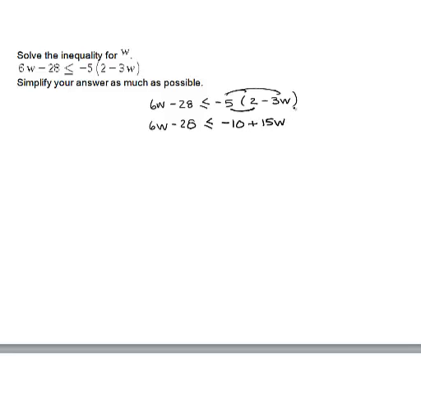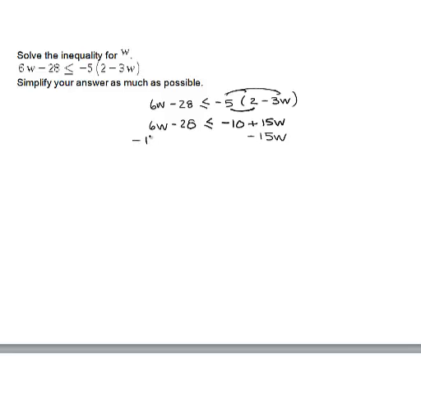Okay, so now I can't simplify anything on either side any further, so I want to start collecting my variables. I'm going to go ahead and collect my variables on my left. So I have a 6w over here, and I have a 15w over on the right side. And since it's positive, I want to subtract it to make it 0.